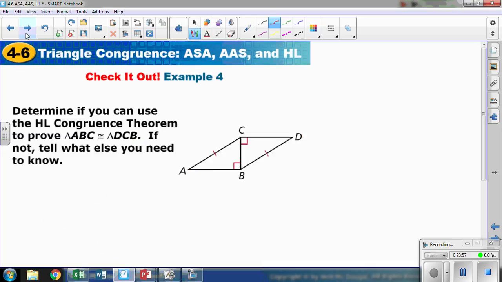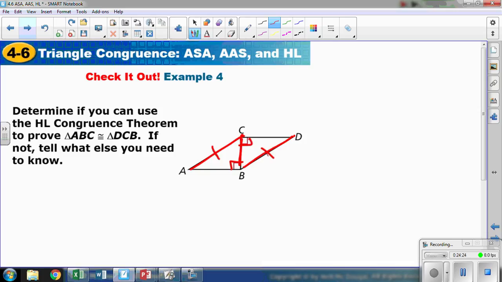Last one for the day. Can you use hypotenuse leg? Seeing a whole lot of people shaking their head yes. So if that's the case, we'd have to recognize 90 matching 90. We've got a right triangle. The tick marks are telling us that we have a pair of congruent hypotenuses. We've got that.